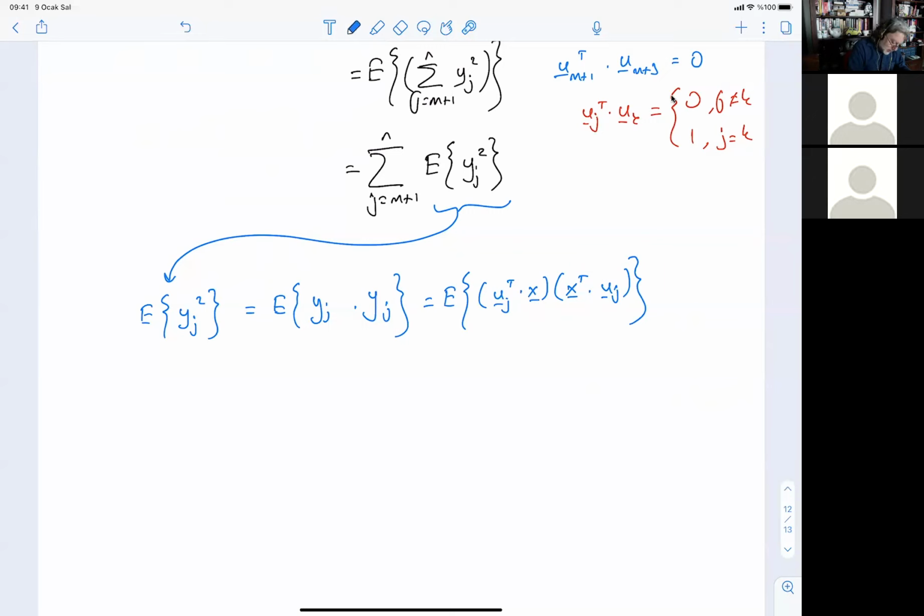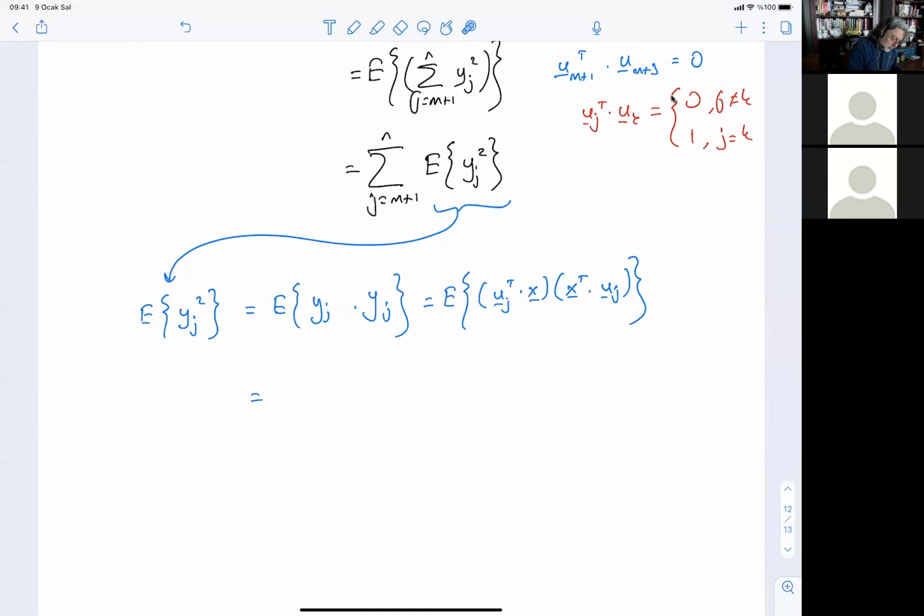Because when I write it like this, it means that the random vectors, which are x, of course, the random signal, can be left at the inside part, and the exterior parts, uj transpose and uj, can be taken out of the expectation operator. That's because they are not random. So expected value of a times x is equal to a times expected value of x, in other words.